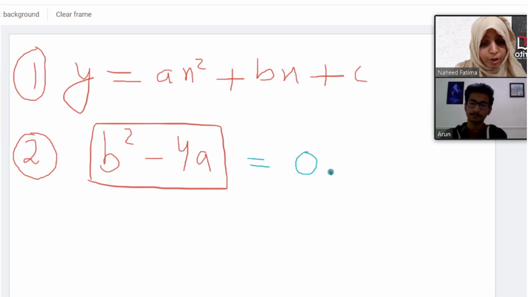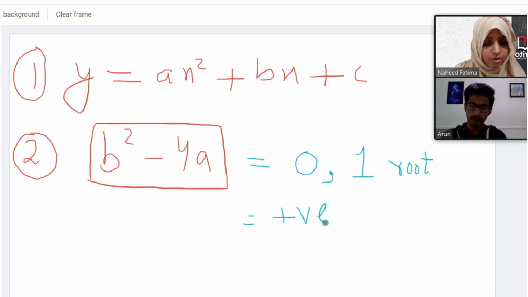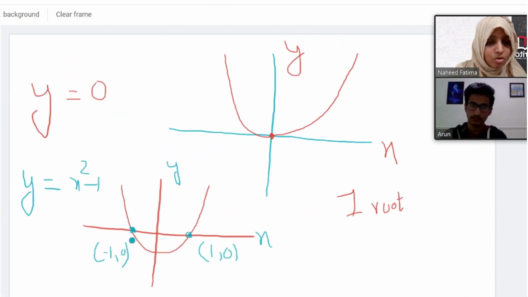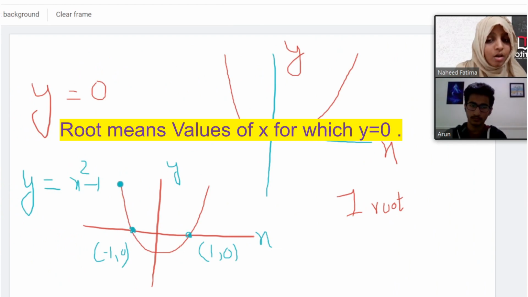your equation will have one root. If the value is coming as a positive value, your graph will have two roots. Now you understand what is meant by root. Root means your graph will cut the x-axis at points where y is equal to 0, so basically on the x-axis only.